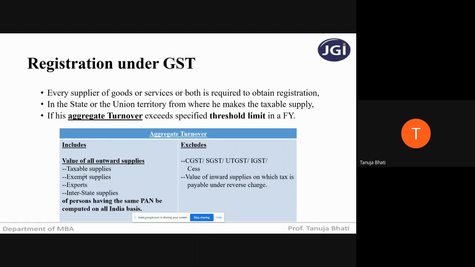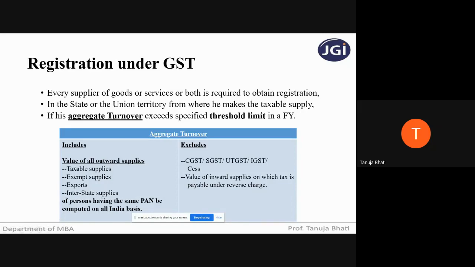India Gate is branded rice for which it is liable to tax, and I am providing loose rice also. Loose rice means I'm just selling it without any packaging, in loose quantities. So here the taxable supply is my India Gate rice. Exempt supply is my loose rice, because rice which is not branded or sold loose is exempt under GST.